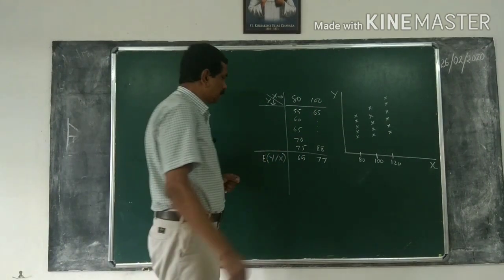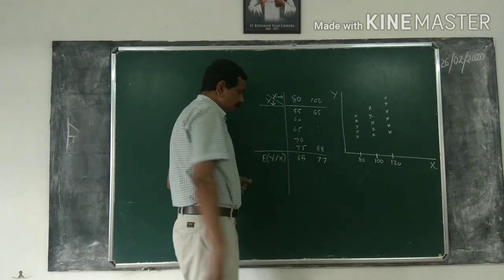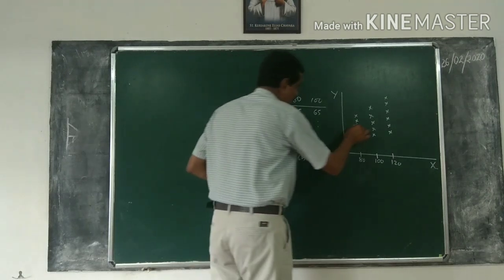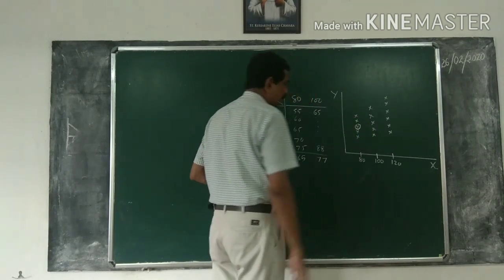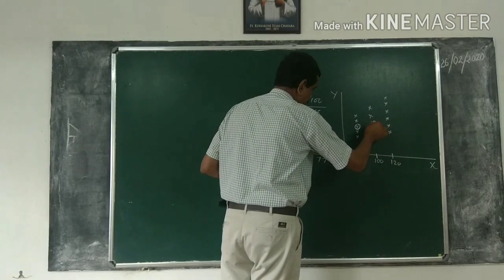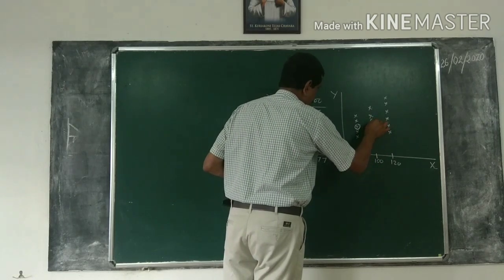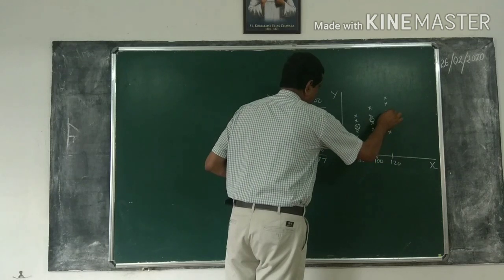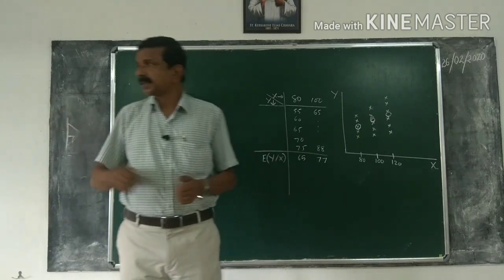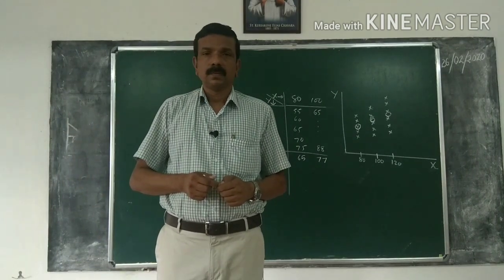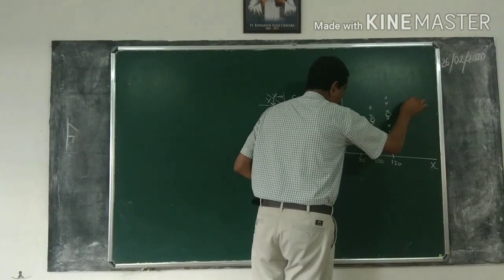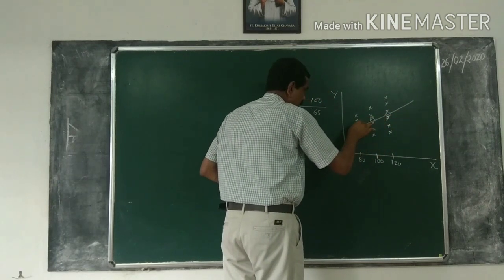Now, when income is equal to 80, expected y given x is equal to 65. This is the value. When income is equal to 100, expected y given x is 77. This is the number. In the third case, this is the number. Now suppose that we join together these points with a line.